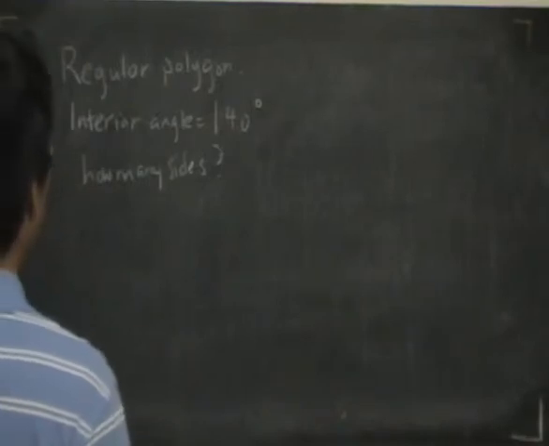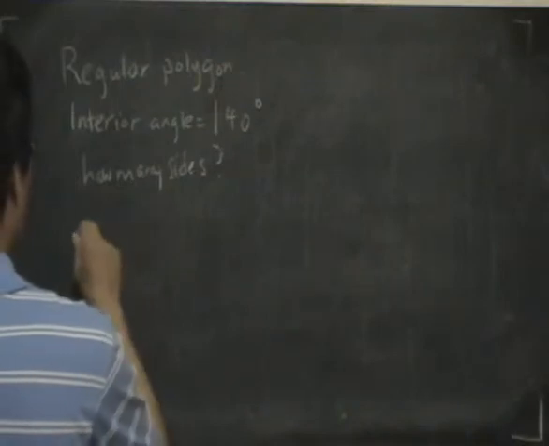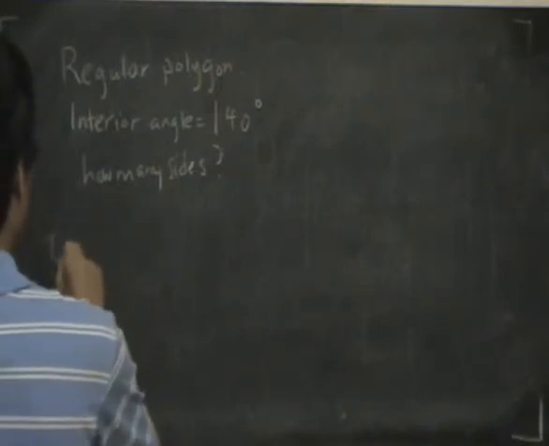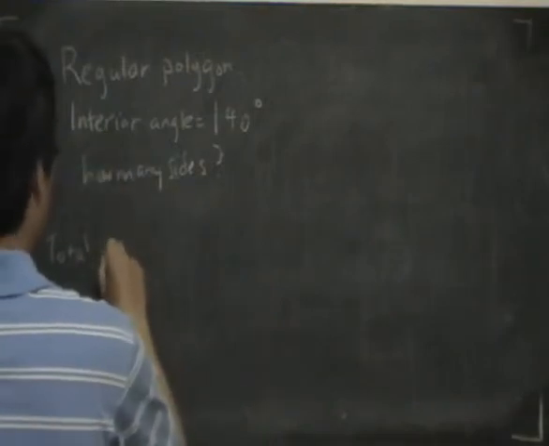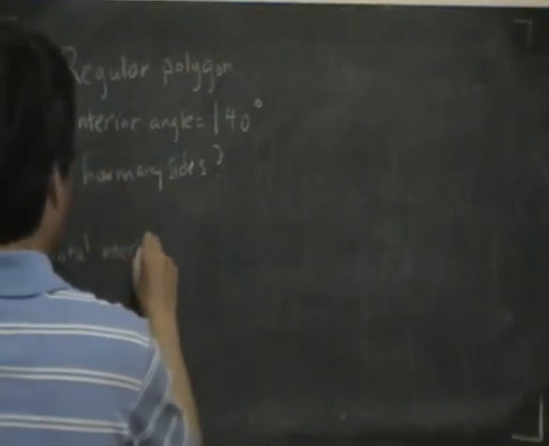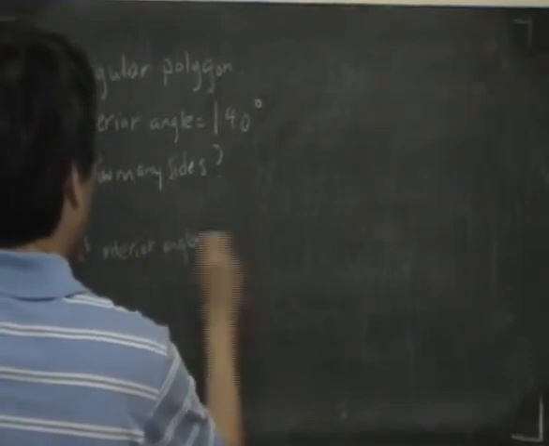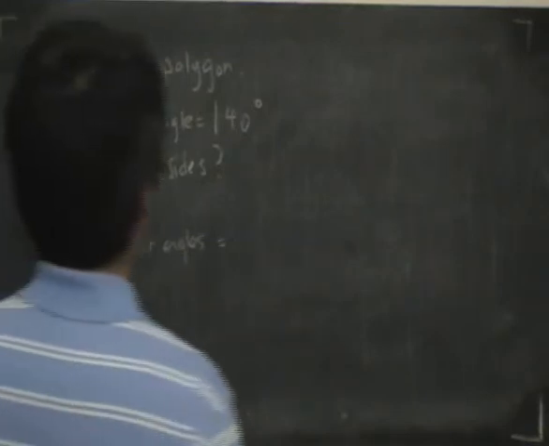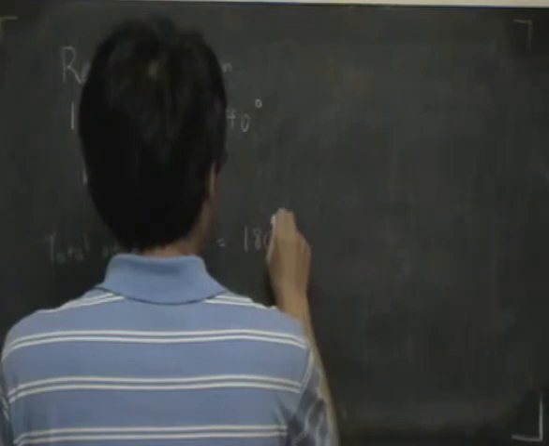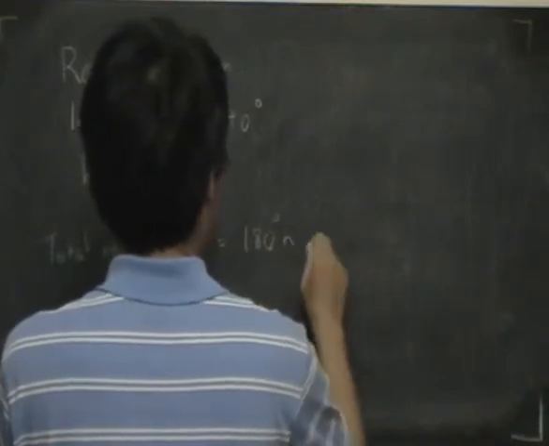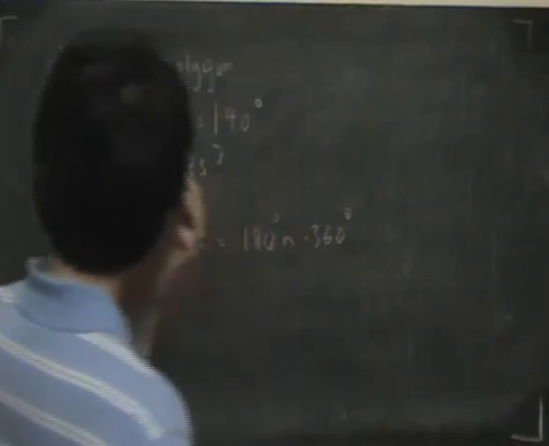For the total interior angles, the formula is 180 degrees times n, the number of sides, minus 360 degrees.